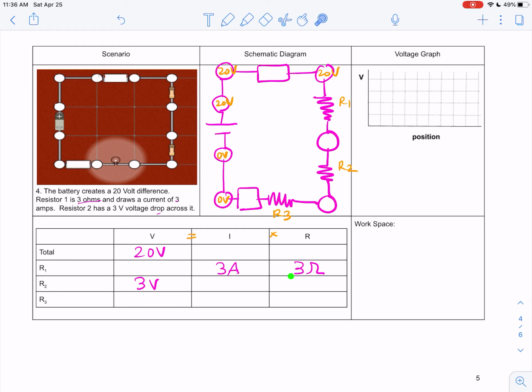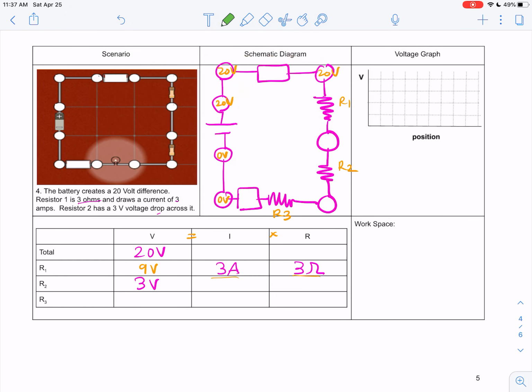Anytime it has 2 out of the 3, I can calculate the other one. So in resistor 1, I know it's 3 amps and 3 ohms, so if V equals I times R, 3 times 3, I know this is going to be a 9 volt drop here.